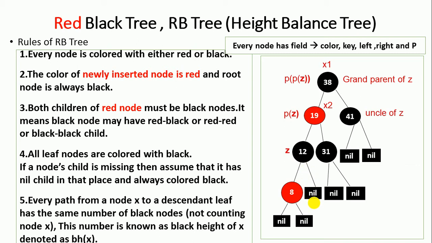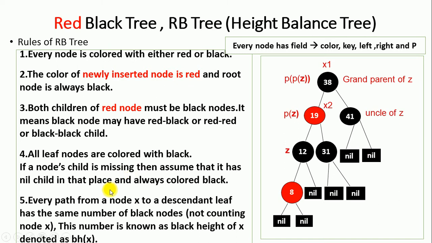So this is the fourth property, that all leaf nodes are colored black. As I have discussed, node number 12 is missing its right child, so we will assume that it has a nil child in that place, always colored black. So a nil child will always be black, and we assume it in the absence of any child of a node.